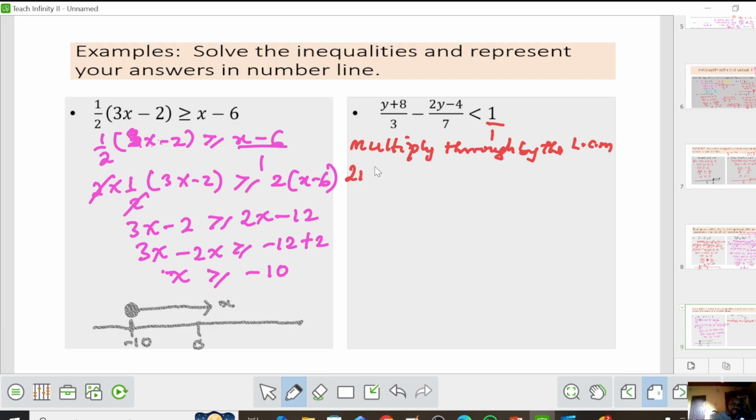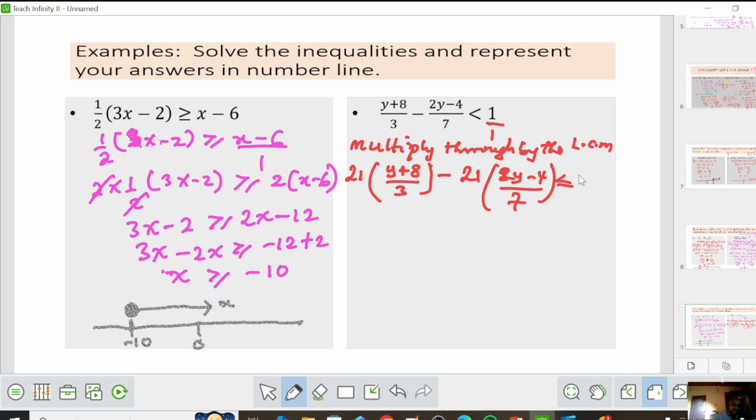So it's going to be 21 into the bracket of y plus 8 over 3. LCM is primary prerequisite knowledge. So if you don't know how to calculate LCM, you can learn from somewhere. That's 21. Also, we multiply 2y minus 4 over 7.